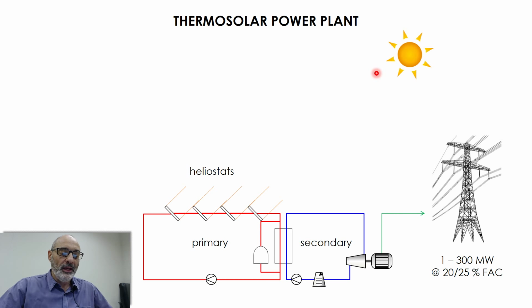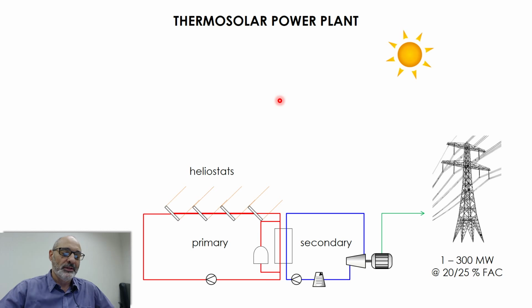Okay, and well, this is to operate the power plant, but before that, in order to design the power plant, you need to know how much sun you're going to get on average in a year, for instance. And to do this, we have to integrate the solar energy during the hours of the day, during the days of the year.